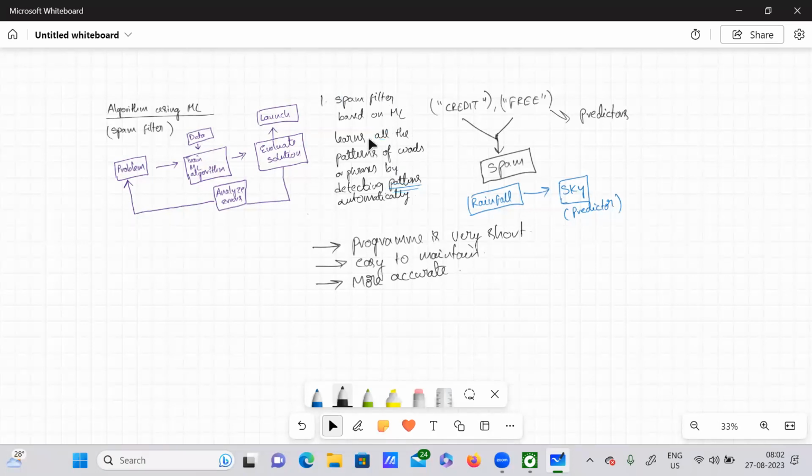Here I have said it automatically detects all the patterns of words and phrases by detecting unusually frequent patterns. How does it do this? It uses machine learning technology. And what are the benefits? The program would be very short, it is much easier to maintain, and accuracy would be very high compared with conventional programming.